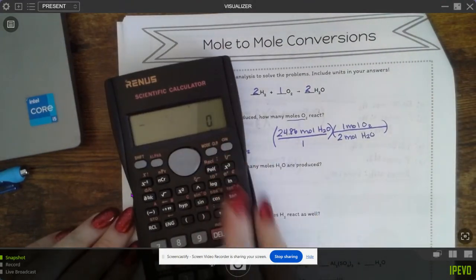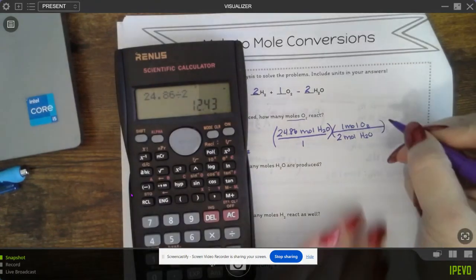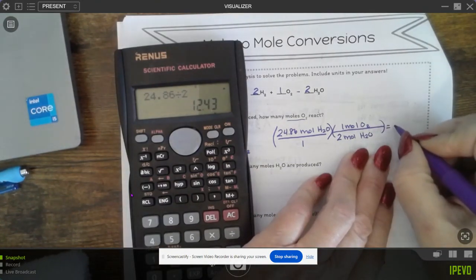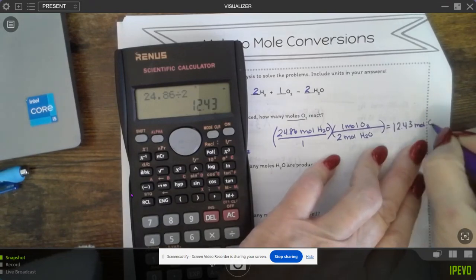So when I go to calculate this, I'm going to do 24.86 divided by 2. And I get 12.43 moles of O2.